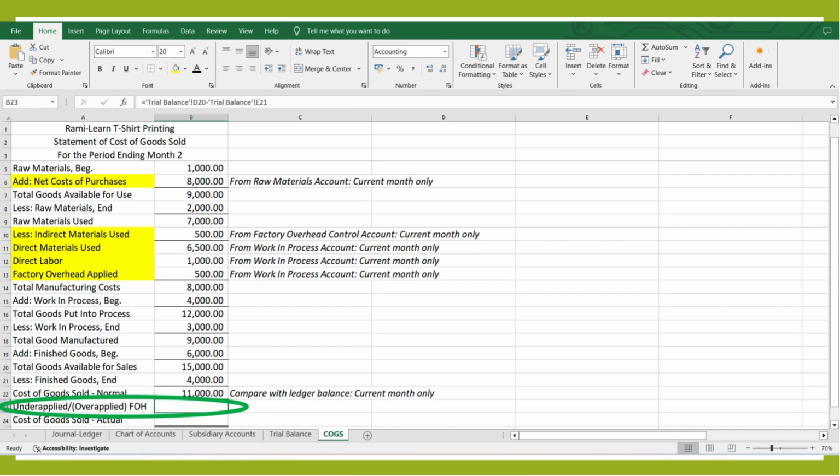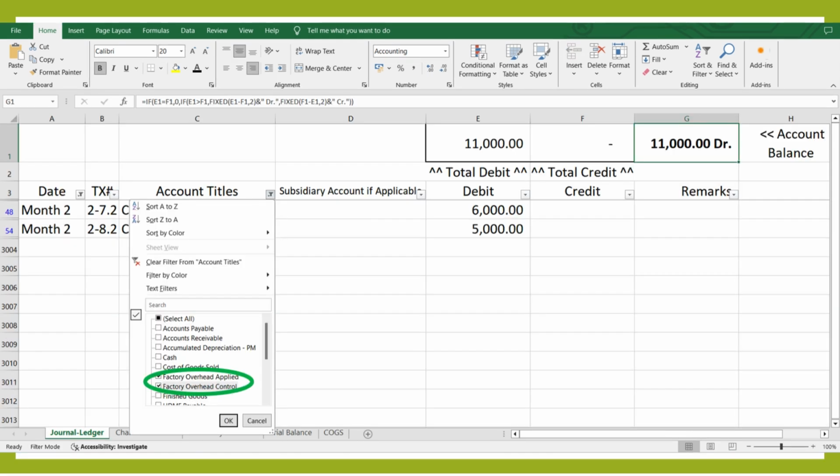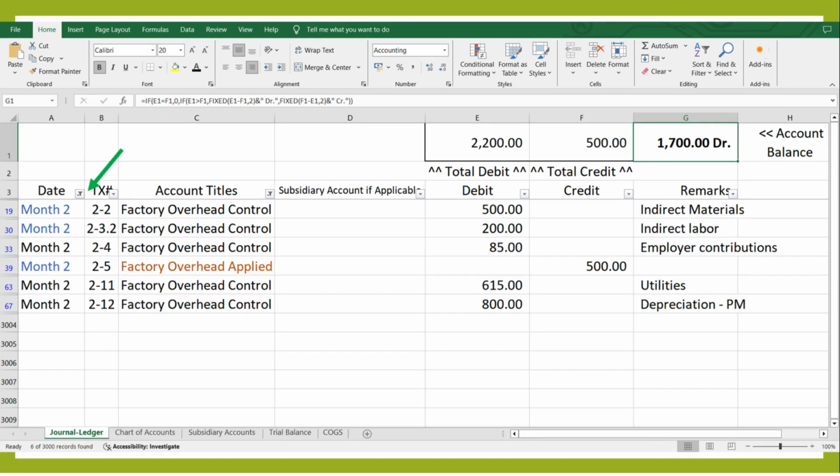Finally, the last item we need to examine is under-applied/over-applied factory overhead. How are we going to compute this? We need to obtain the ledger balances for both factory overhead control and factory overhead applied.